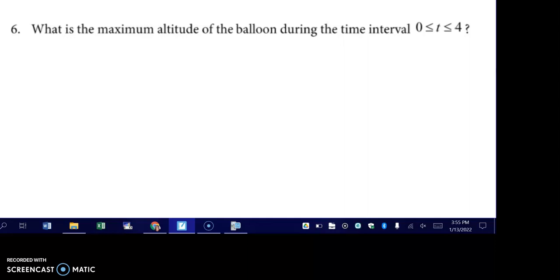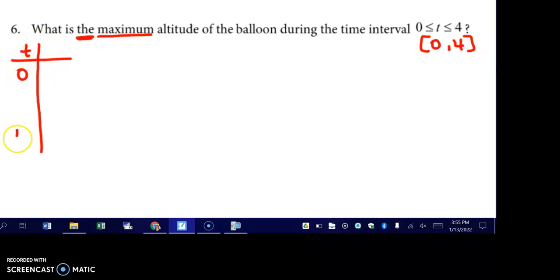Last question. Must be on the next slide. There we go. What is the maximum altitude? The maximum on the closed interval from 0 to 4 should indicate a candidate's test. So my times are 0 and 4. I'm looking for the altitude, so big R of t. My critical numbers I already found in the very first question.